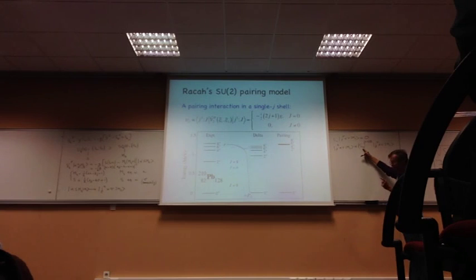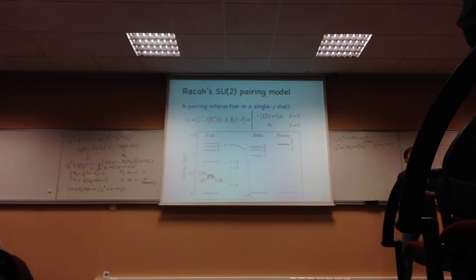Each pair creation operator adds 2 particles, so you go from V, acting (n minus V) over 2 times, to n particles. So this is sort of the parent state, or the senior state, because from this state with particle number equal to seniority, you can generate the whole series.